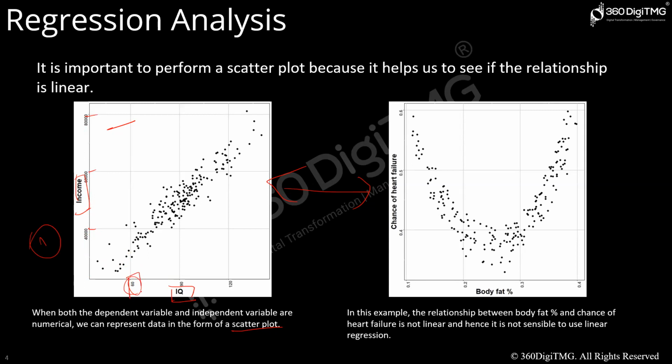If your IQ is 60, you will earn in a range of 40,000. But if your IQ is 90, you will have a salary in the range of 60,000. And if your IQ is 120, you'll have a salary in the range of 80,000. So that is how you use a scatter plot to show the data.